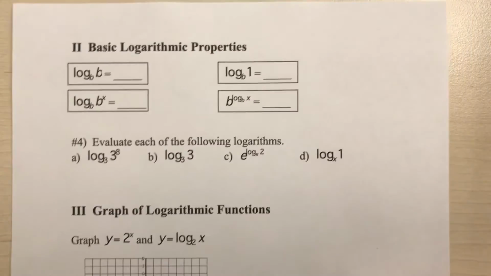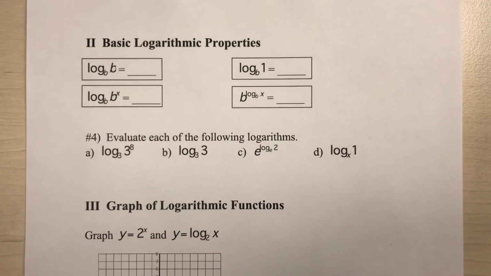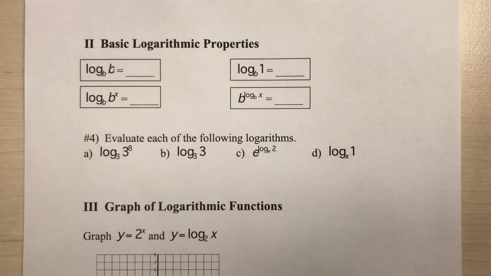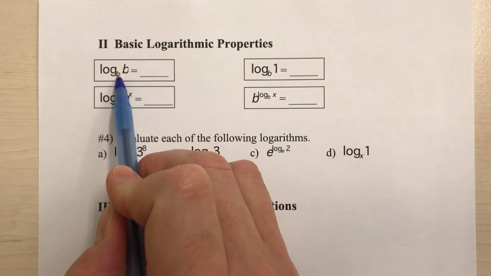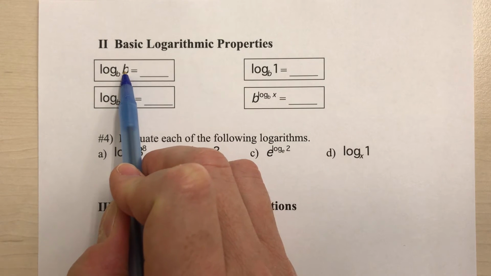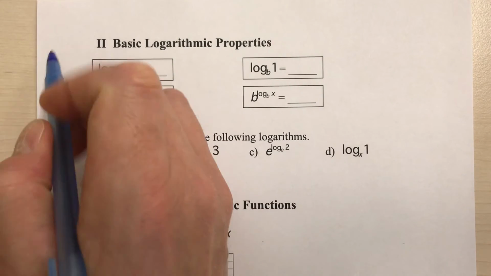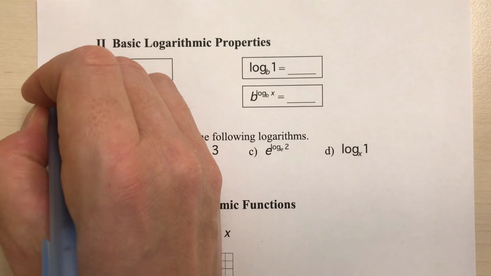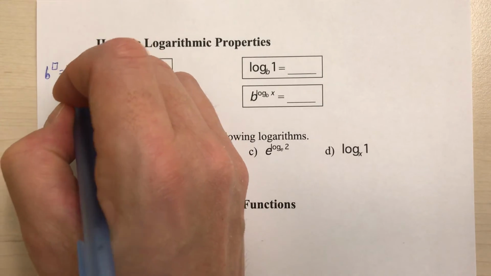Now if we flip this onto the second page, or onto the back, basic logarithmic properties that we've got, there are some shortcuts for when we're looking at this. The log base b of b, if these numbers are the same, remember, we're thinking b raised to an exponent, b raised to something, has to equal this, which is b to the 1.